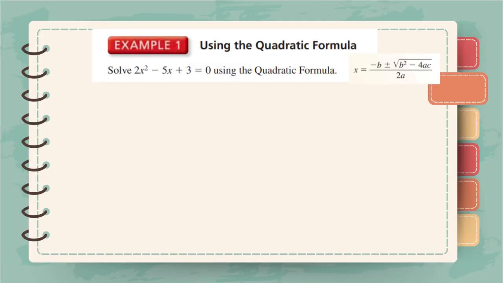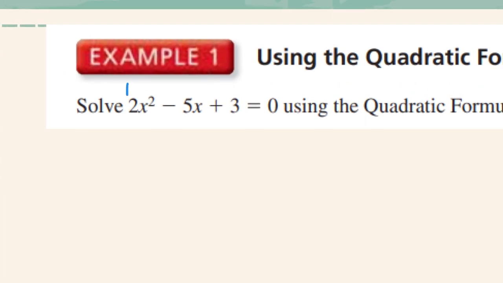You notice here, all I did was copy the equation in the corner so I could remember. So let's first figure this out. I know 2 is a, b is -5, and 3 is going to be c.